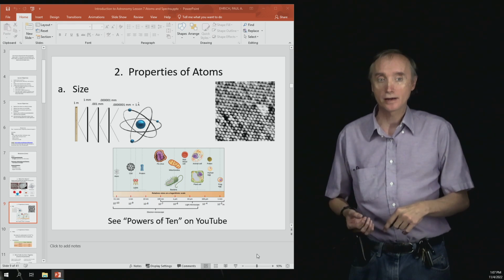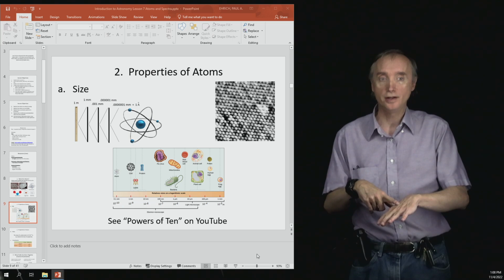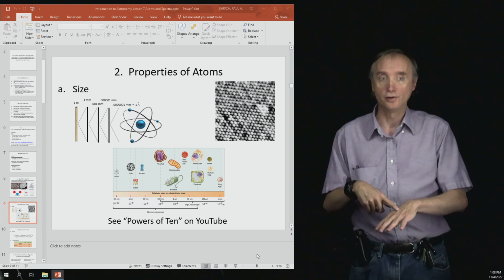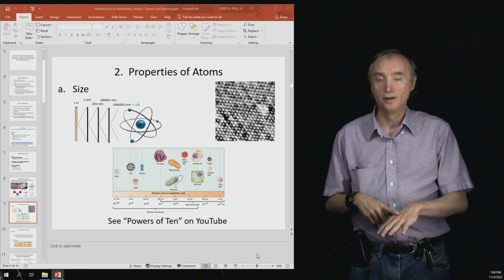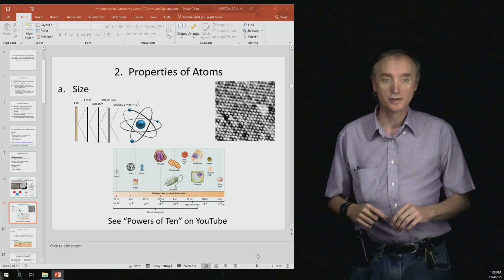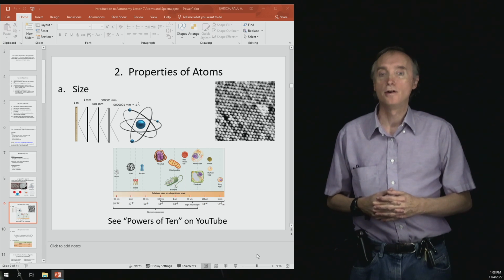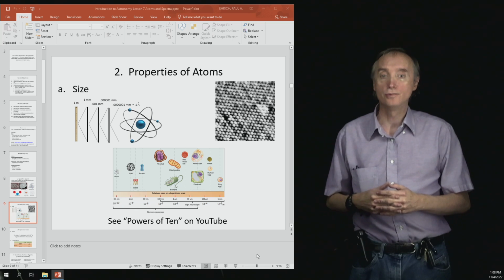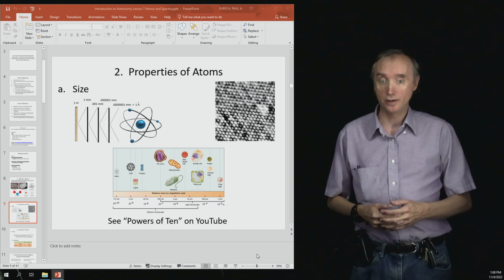And then it zooms back in, zooms in on his hand, and eventually it ends up looking at the nucleus of a carbon atom, which is making up the DNA of a cell that's in his hand. So pretty impressive. But again, that just gives you an idea for how small objects can be, and also how big objects can be.